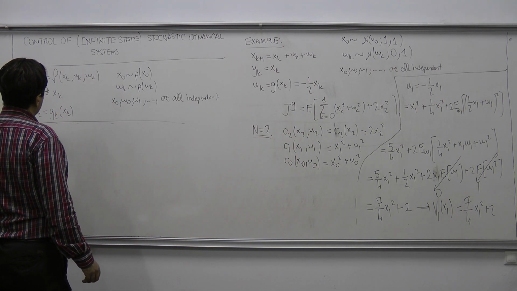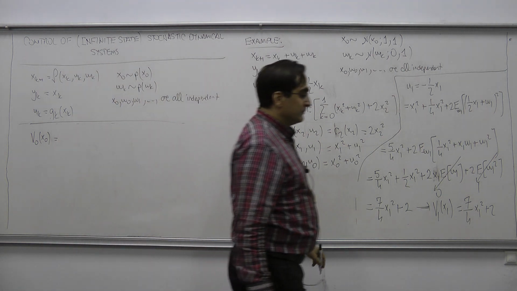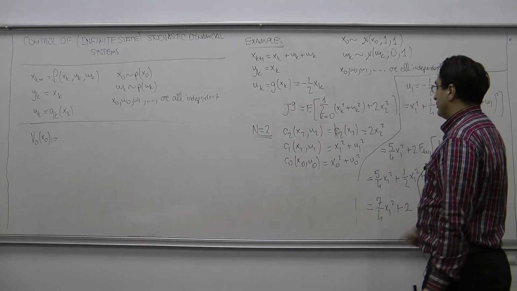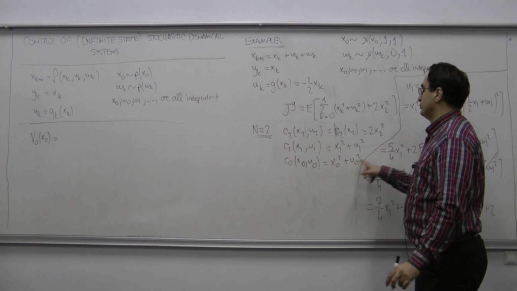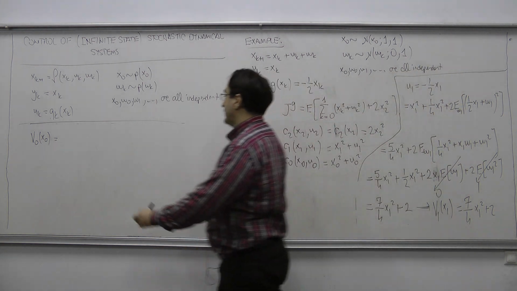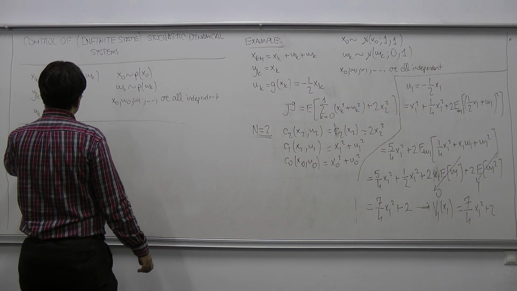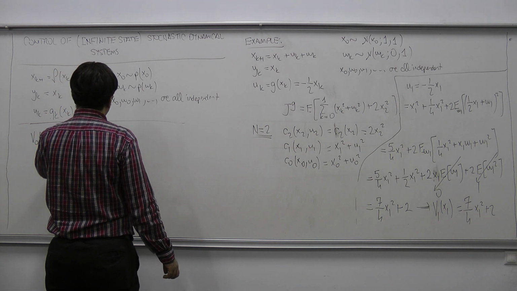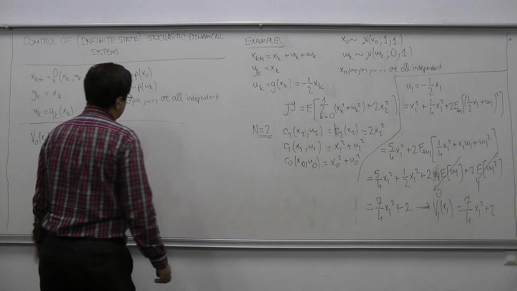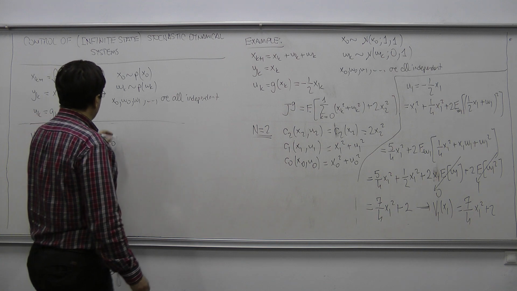V0 of x0 is equal to, I have here first C0 of x0, U0, which is this thing, x0 squared plus U0 squared, plus the expected value with respect to W0.